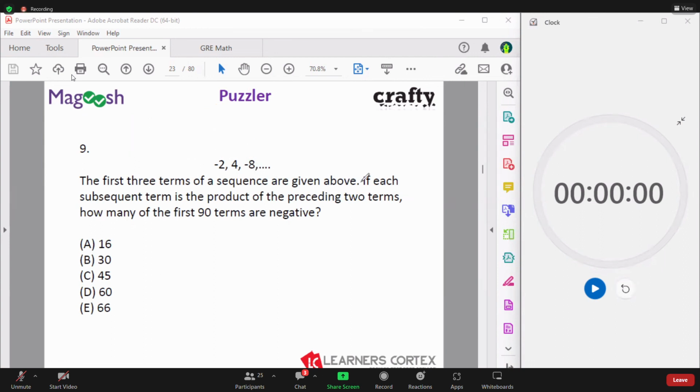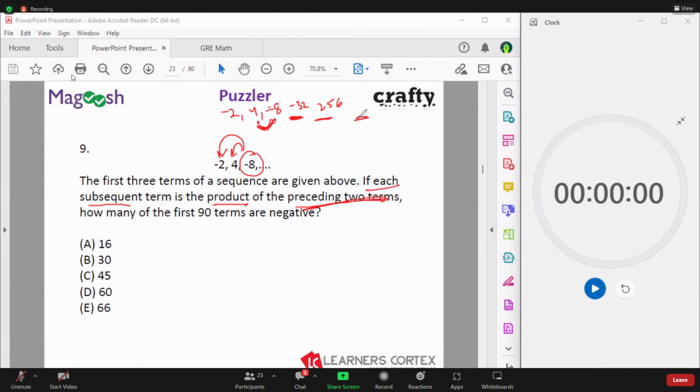Such as this, where each subsequent term is the product of the preceding two terms. This here is the product of this term as well as this term. So minus 2, 4, minus 8. Now the next term in this series would be the product of these two, which is minus 32. The next would be positive 256, because this is negative and this is negative.